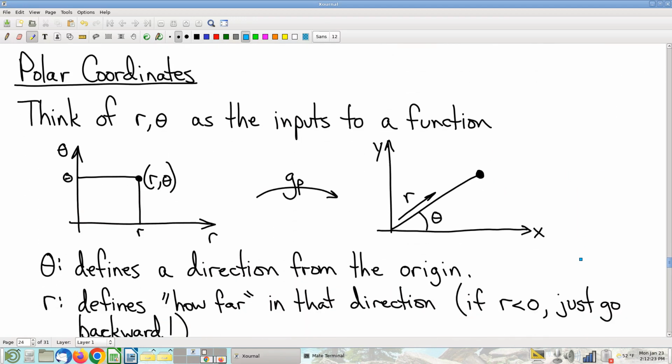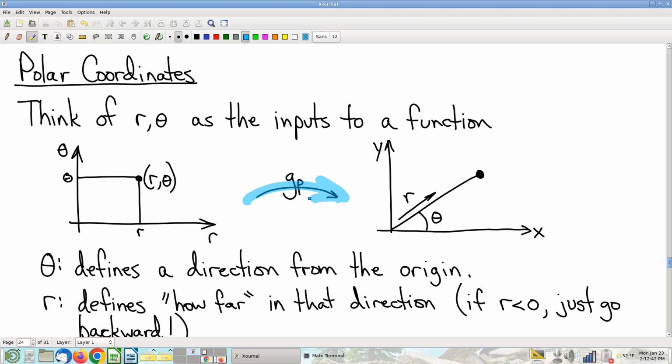Okay, polar coordinates. Now, I think many of y'all have probably seen polar coordinates previously. If you haven't, don't worry about it. Not a problem. I'm going to say everything that needs to get said. The way I like to think of polar coordinates may be a little bit different from how you might have seen it previously, but I like to think of a function.